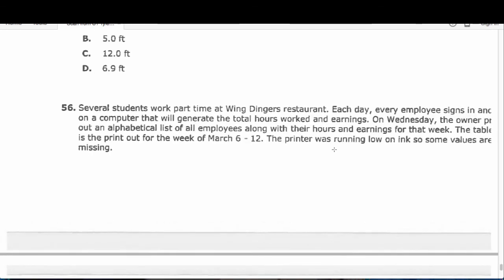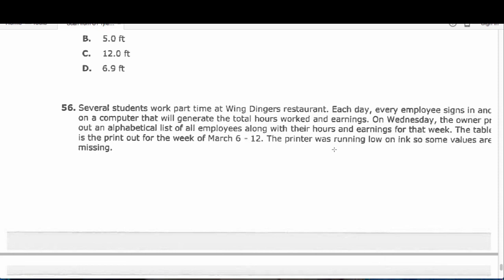Question 56. Several students work part-time at Wing Dinger's restaurant. Each day, every employee signs in and out on a computer that will generate the total hours worked and earnings.